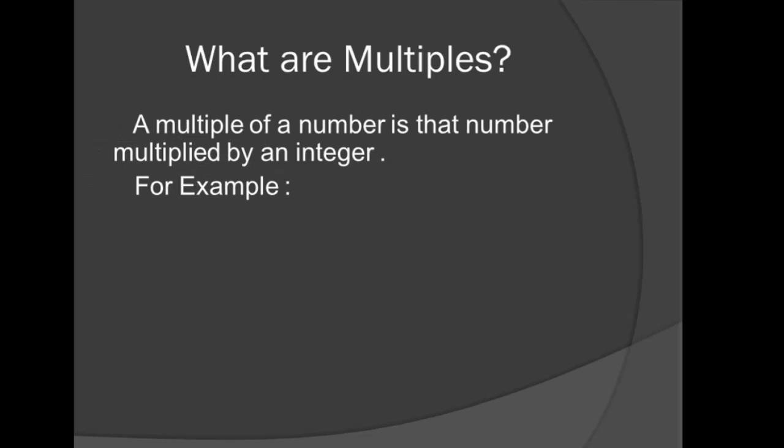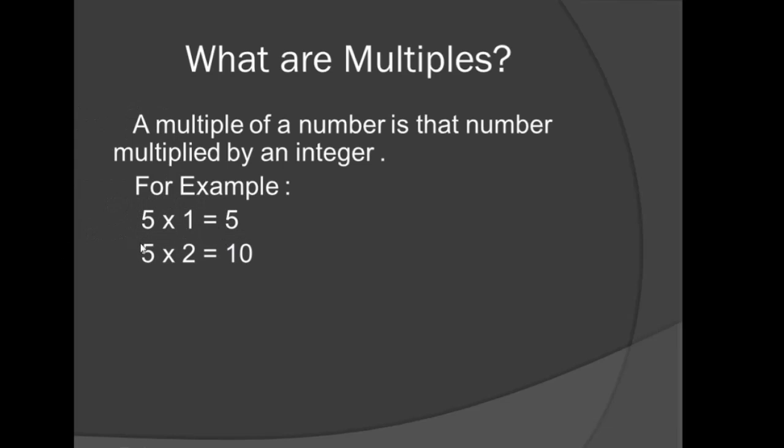Now let's have a look. I have taken the number 5, and I need to know the multiples of 5. So I will multiply it by 1. When I multiply 5 by 1, it becomes 5.